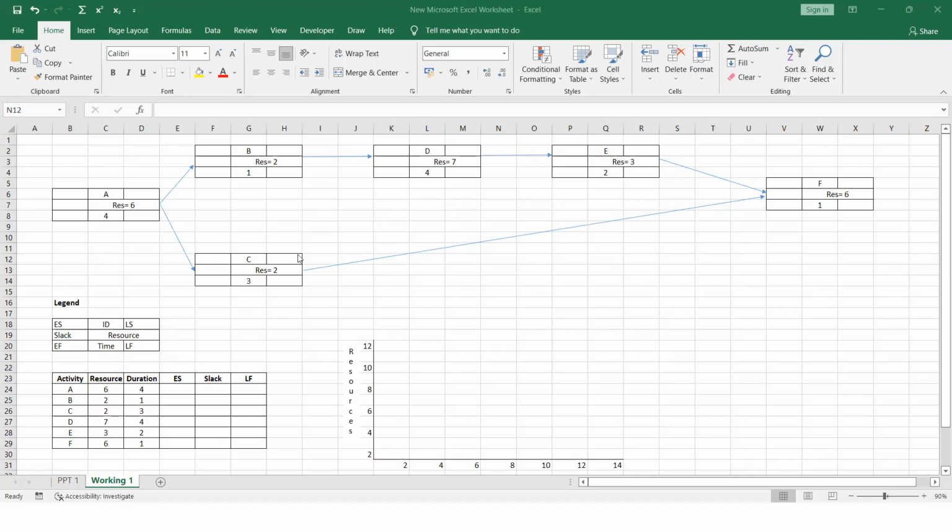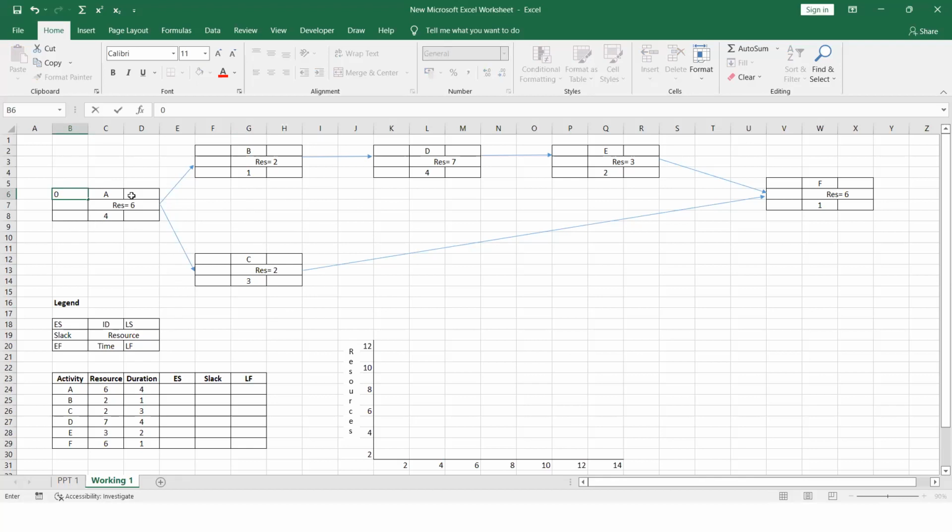I hope the time is enough for you. So after drawing this project network, we have to fill in the early start, late start, and those things, right? If I take the activity A, early start is 0. For that, you have to add the duration of 4.